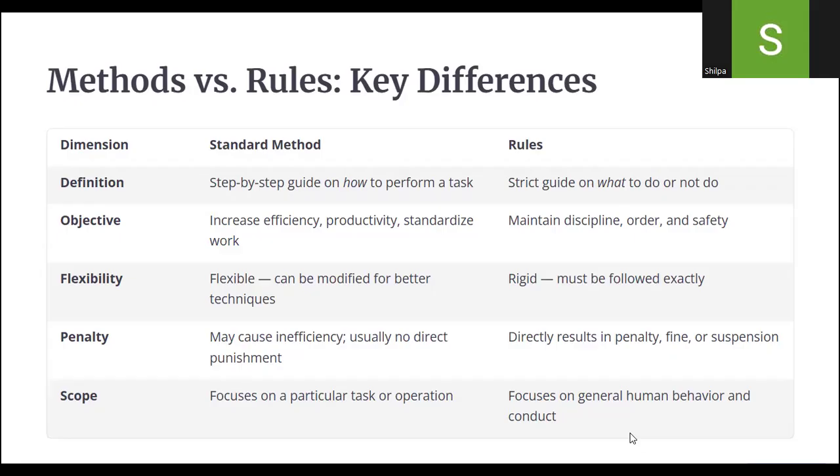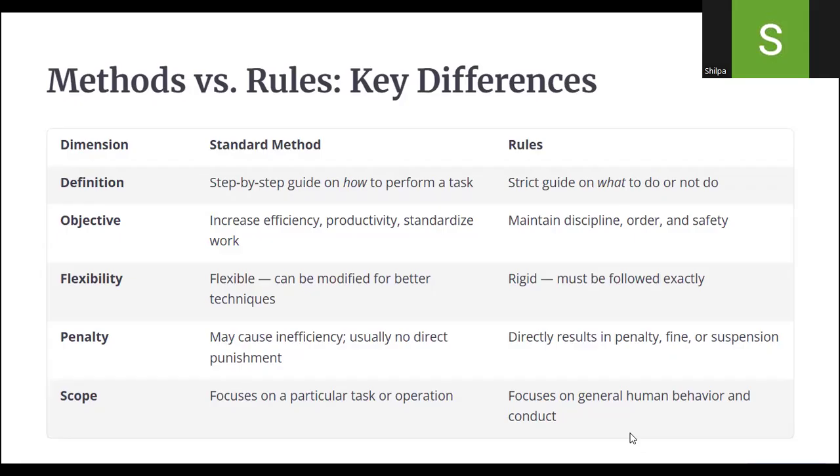So the standard methods are written, framed relating to a particular given task. So for example, what will be the standard method for admission, what will be the procedure of admission, and its standard method is going to be different. And if somebody wanted to apply for a medical leave, okay, the method is not going to be the same, it is going to be different. So the standard method's entire focus is on the given task and on the given operation. So standard methods will be framed by considering the task. It is not a general statement. Okay, it is not made something in general, it is focusing on a given task.